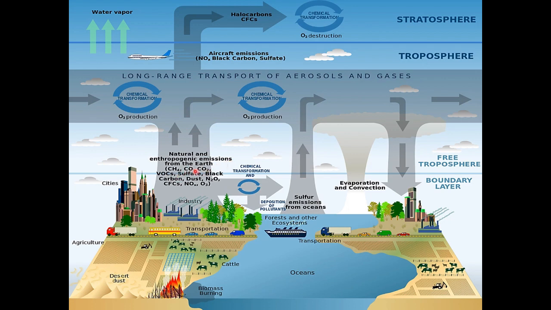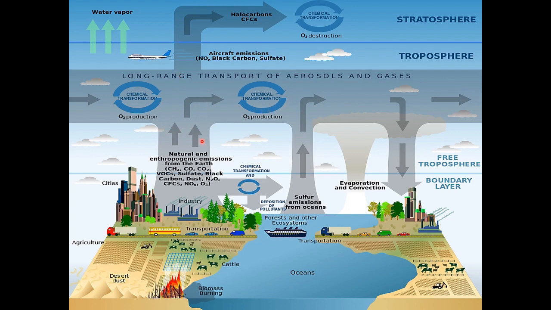So we have methane, carbon monoxide, carbon dioxide, volatile organic carbon, sulfates, black carbon, dust, dinitrogen oxide, CFCs, NOx, and ozone. So here in the troposphere, we have the tropospheric ozone. So there is a chemical transformation, and so this tropospheric ozone is actually harmful to the environment.